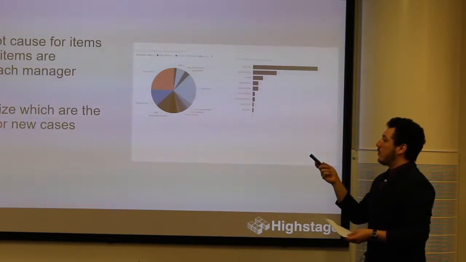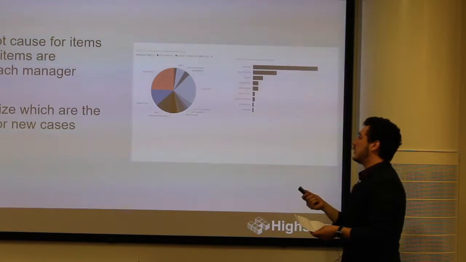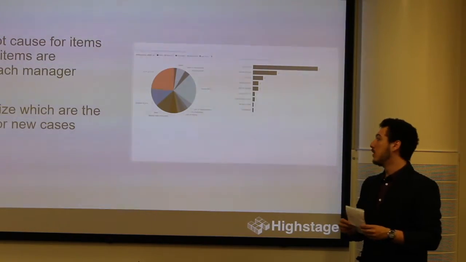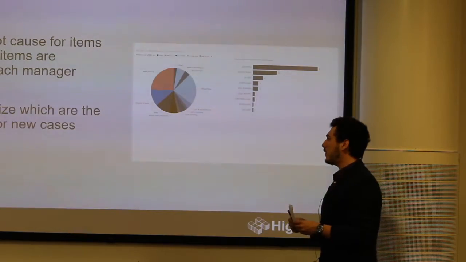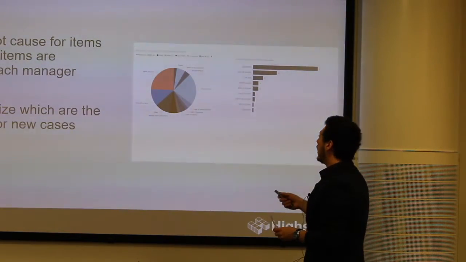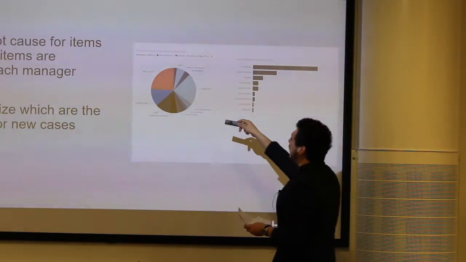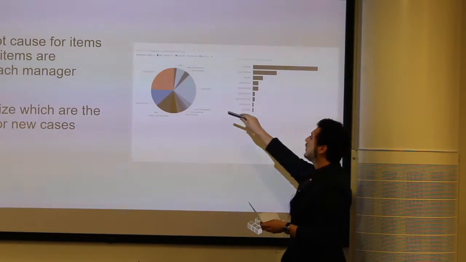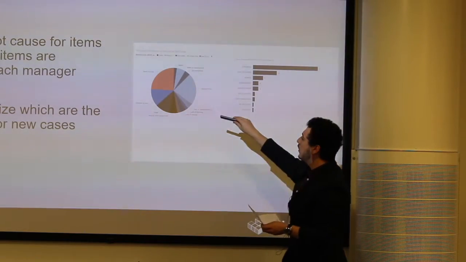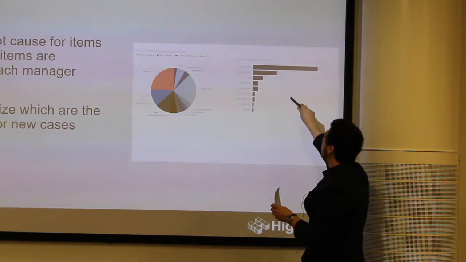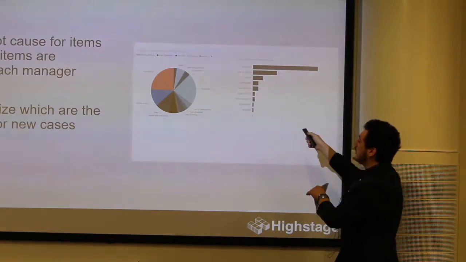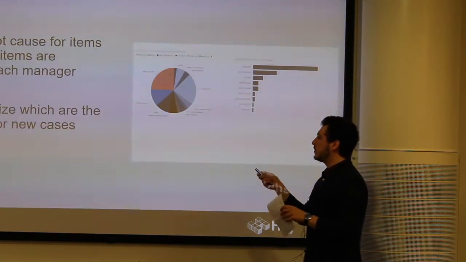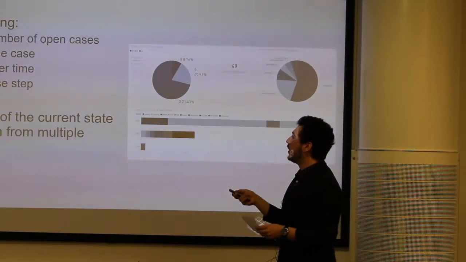Another interesting idea was to have a pie chart that shows the root causes of the open cases, and I'm going to make a live demo later. For each cause, you'll see the manager that has items according to the cause.